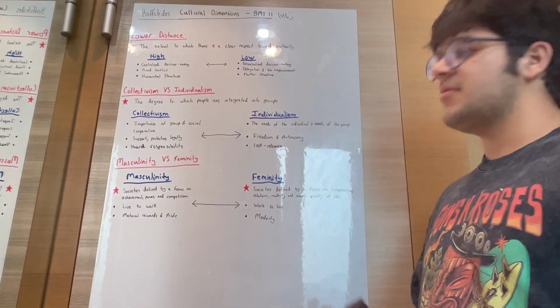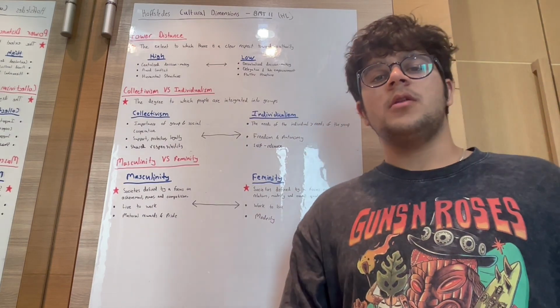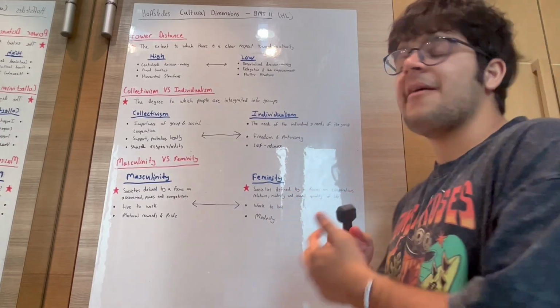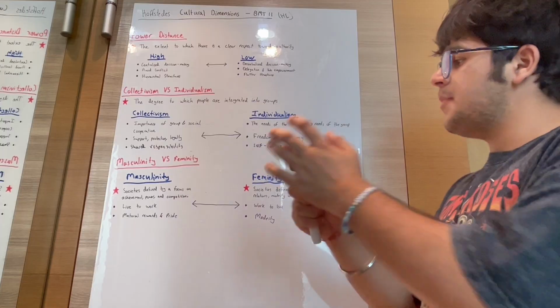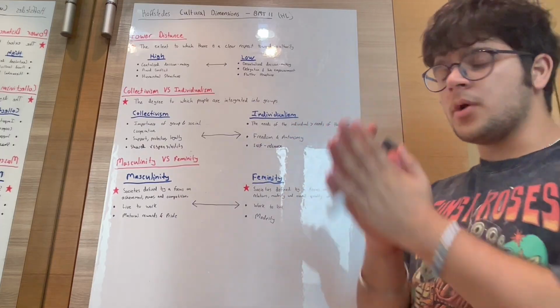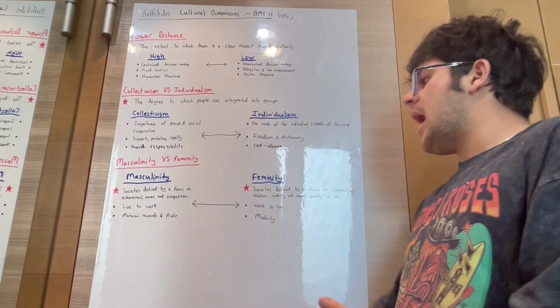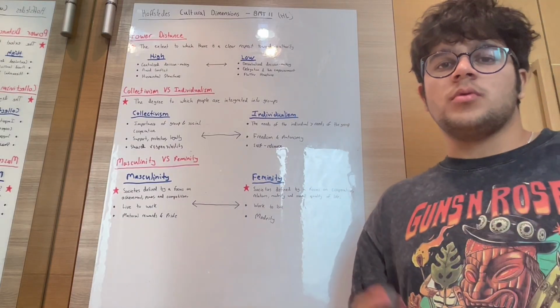This basically results in a kind of motto that masculinity follows: live to work. This essentially means you have to work, whereas the femininity culture has the opposing idea of work to live, that you want to work to support your life. However, in a masculine culture, you live to work, that you have to work.